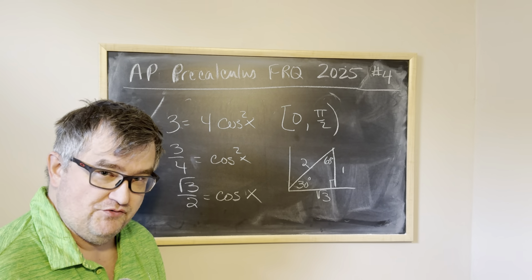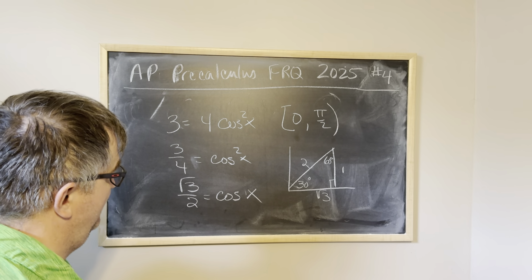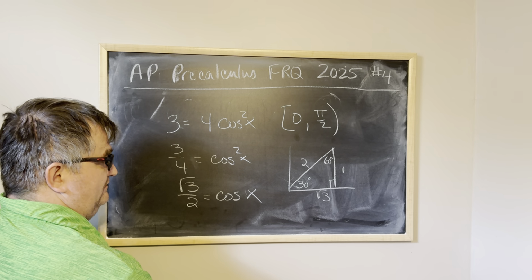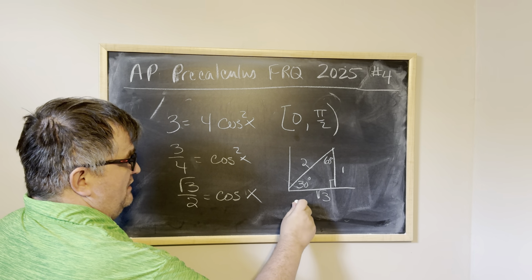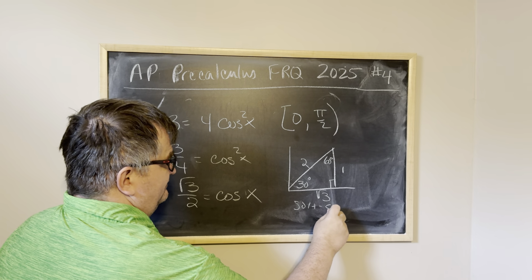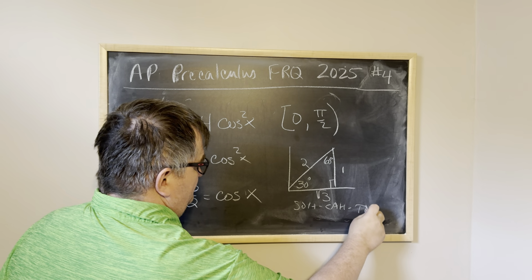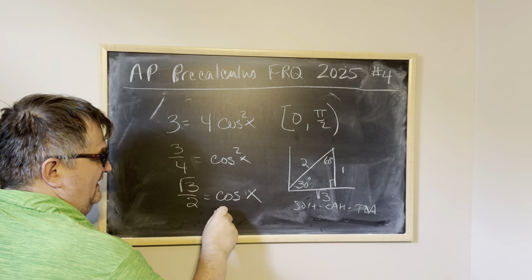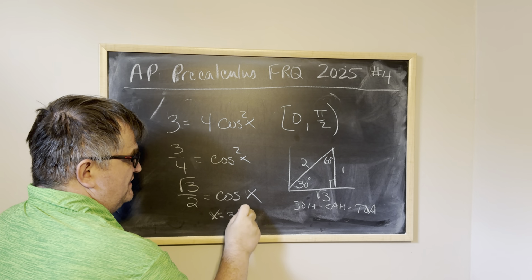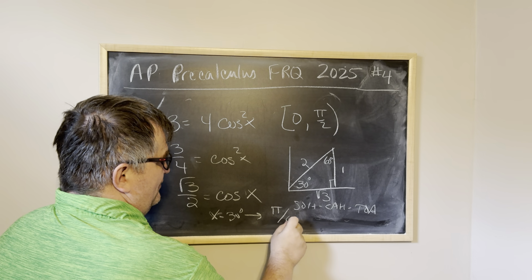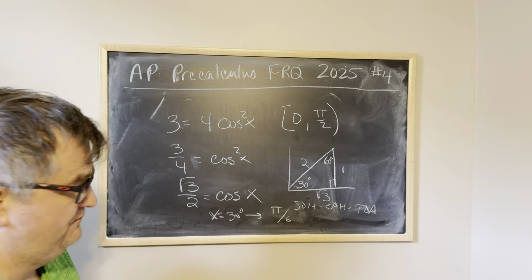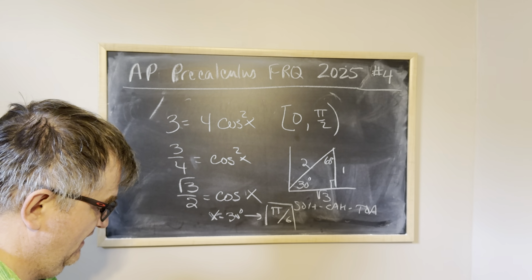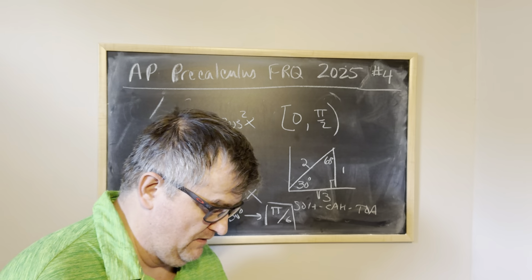Notice I've drawn this in quadrant 1. So what this means is the adjacent over the hypotenuse, because remember, SOHCAHTOA. And so you see adjacent over hypotenuse. So we know that x is 30 degrees, which is pi over 6 radians. So, question A, pretty straightforward.